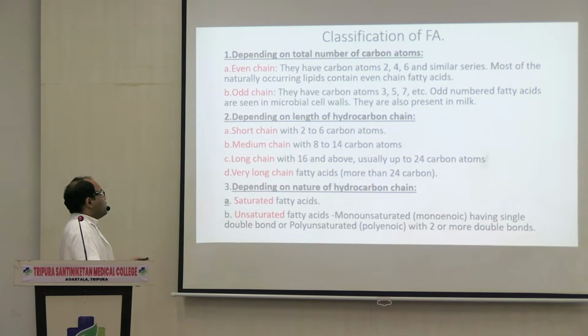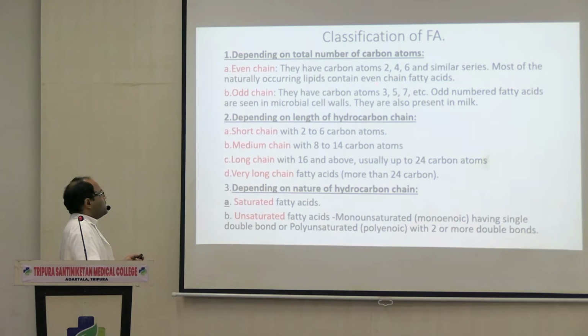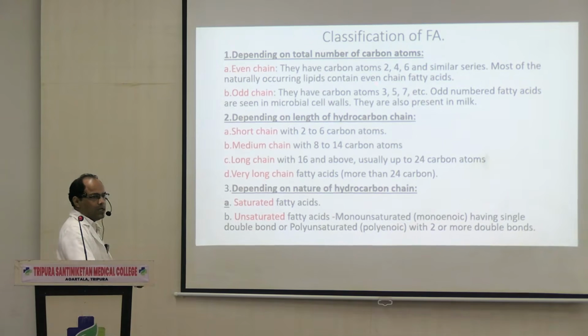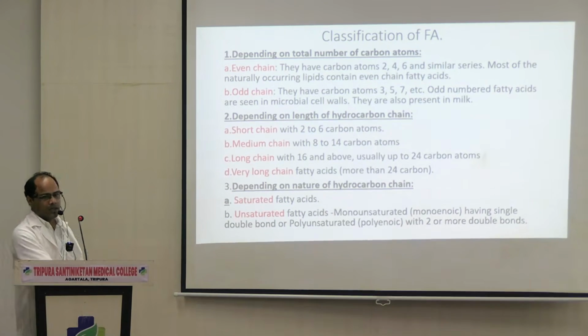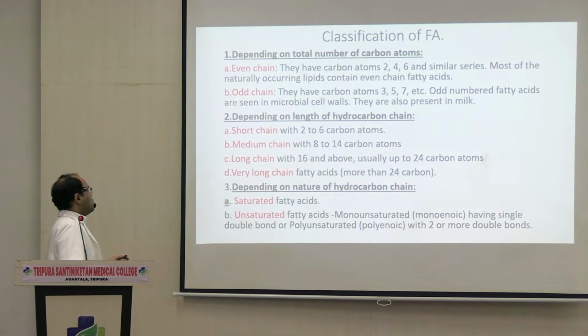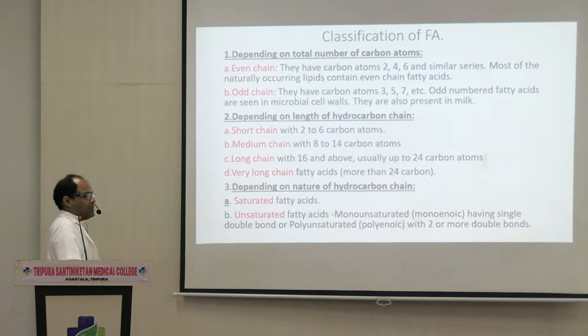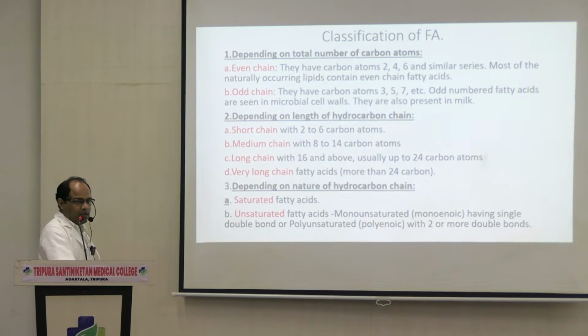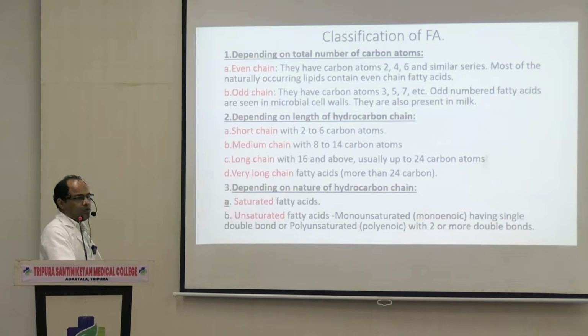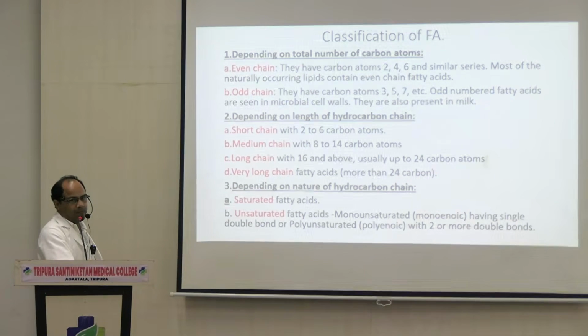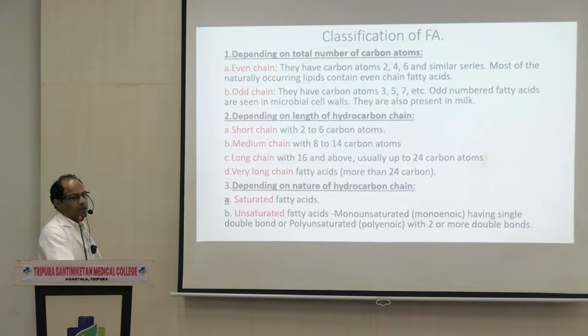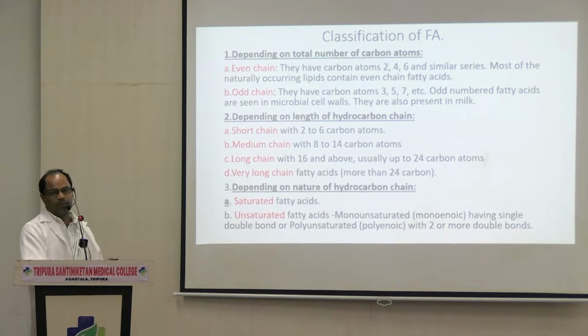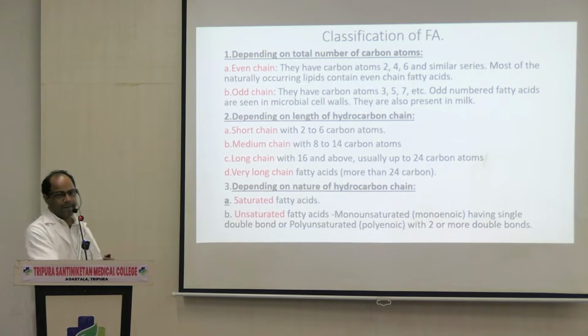Depending on the total number of carbon atoms, even chain is 2, 4, 6, 8, 10, 12, 14, 16 etc., and odd chain is 3, 5, 7 etc. In nature, we usually find 14 to 20 carbon even chain fatty acids in our body more abundantly.